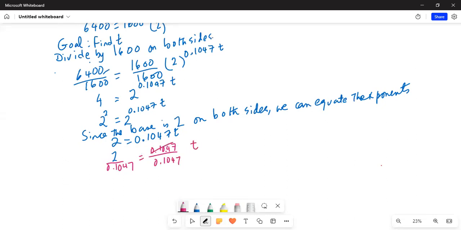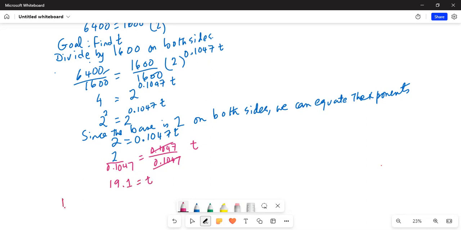So this 0.1047 cancels, and 2 divided by 0.1047 is 19.1. So 19.1 is equal to t.